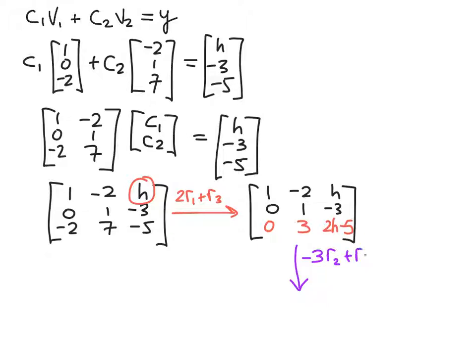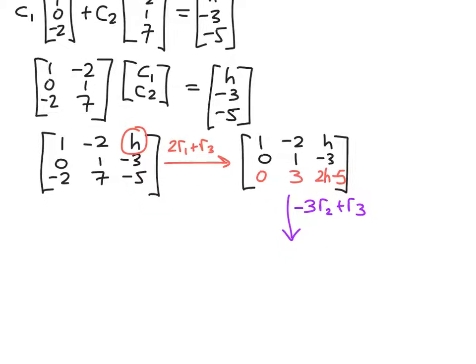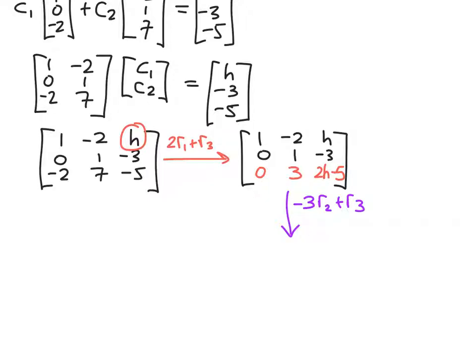That causes there to be no solution. All right, so that row must equal 0, and that's going to define for us what H has to be in order for the solution to exist. So 2H plus 4 equals 0.